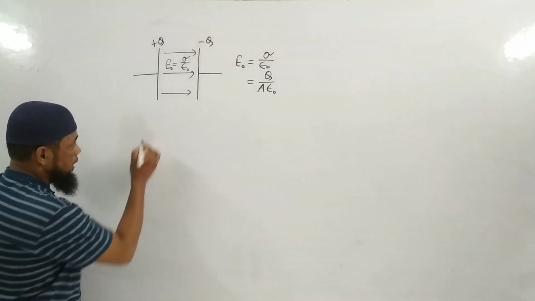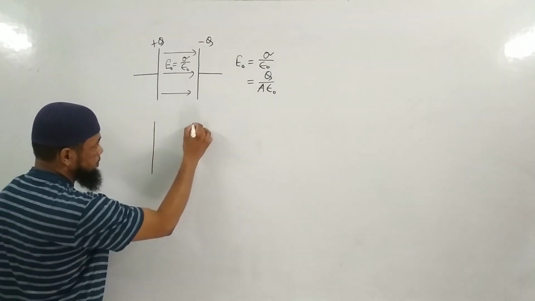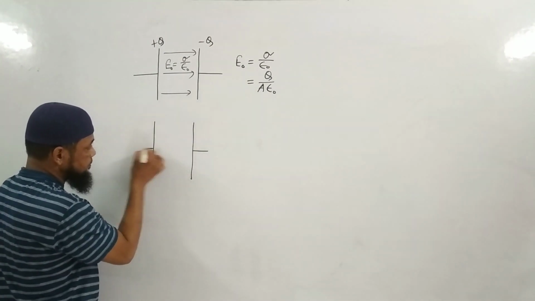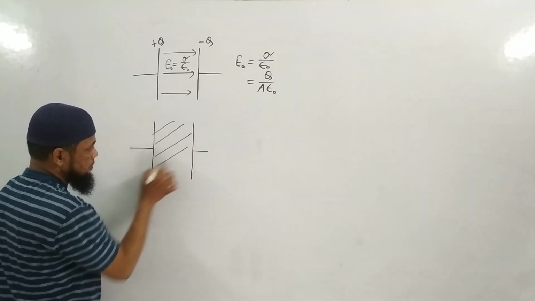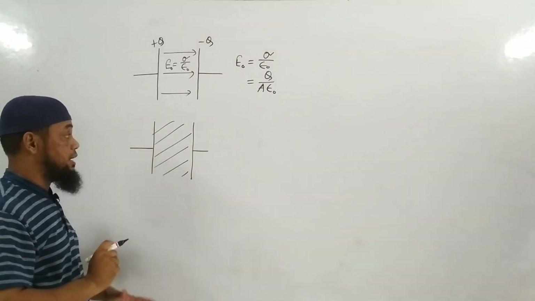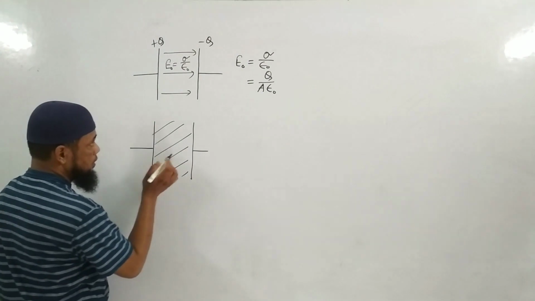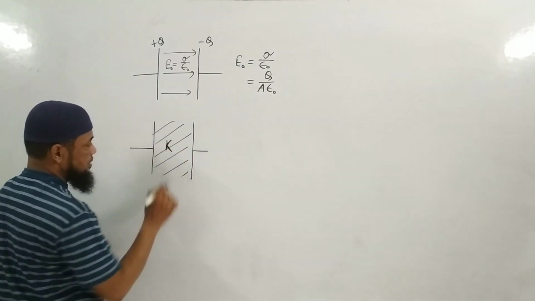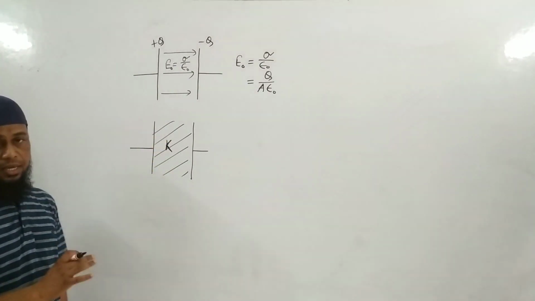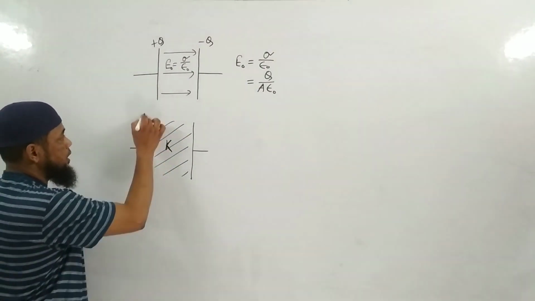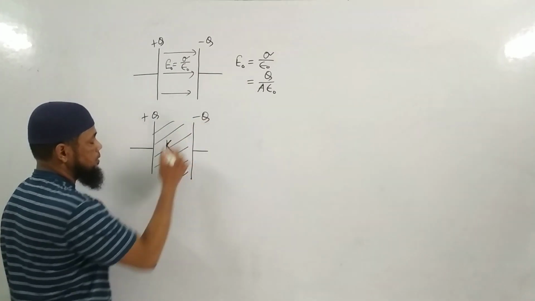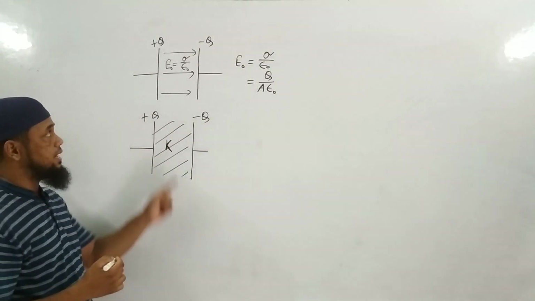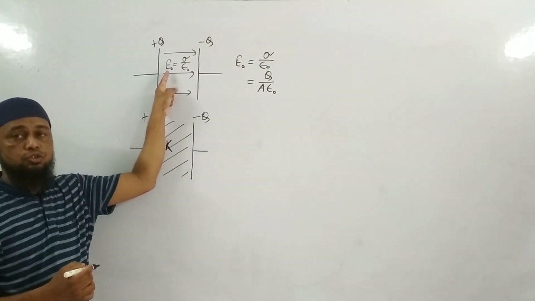Now, if we replace it by a dielectric medium having dielectric constant K, in this space between the two plates the electric field will no longer remain E naught.